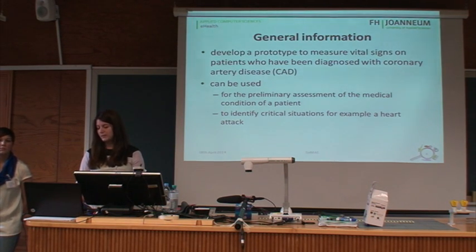However, we needed a specific purpose, and we decided to focus on one special disease: to measure vital signs on patients who have been diagnosed with coronary artery disease. I will examine this disease later in more detail.